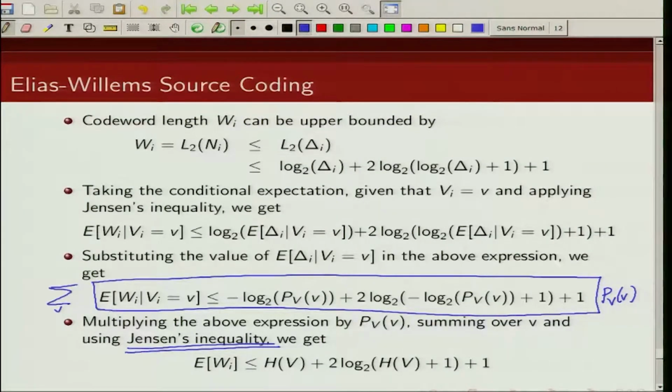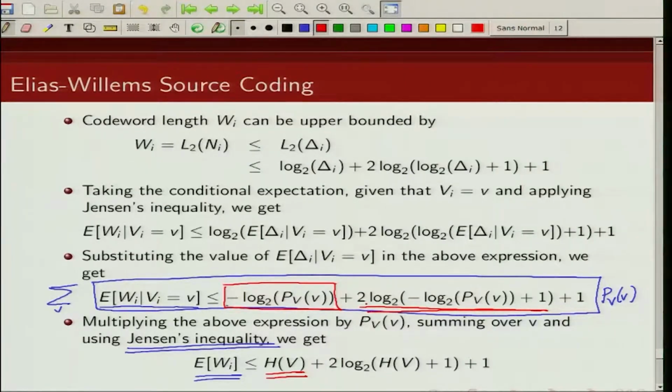When you multiply the left hand side with probability of V and sum over all V, we will get unconditional expected value of Wi. Now look at the first term on the right hand side. If I multiply this by probability of V and sum over all V, what I am going to get is uncertainty in V.